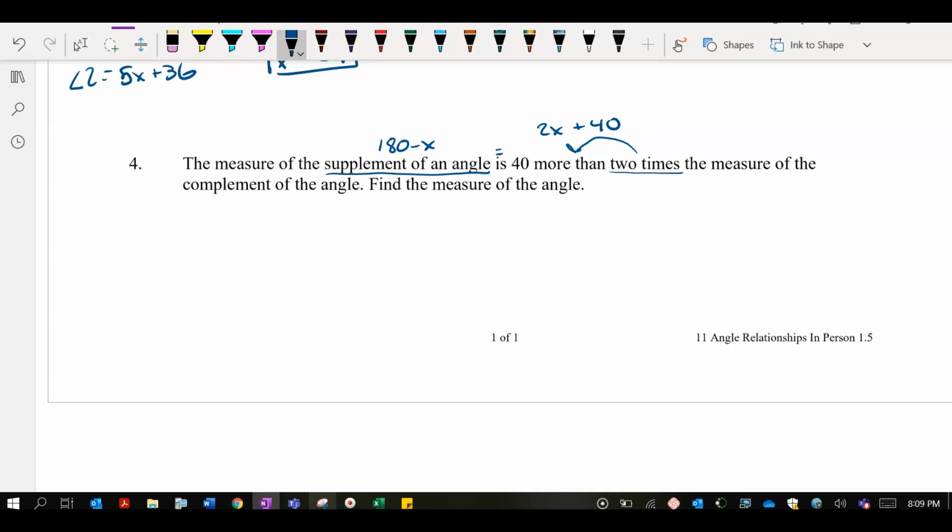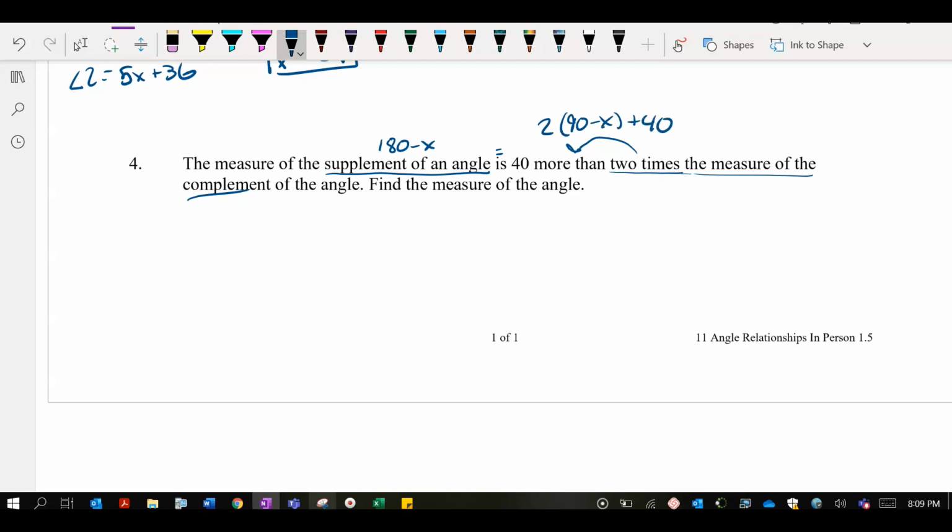So 40 more than 2 times the measure of the complement of the angle. Oh, 2 times the measure of the complement. So it's not just an x because it's not just an angle. So we have here 2, not just x, but it's 90 minus x because it's a complement, plus 40.